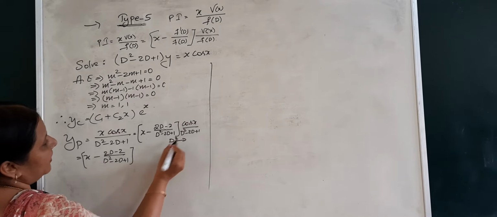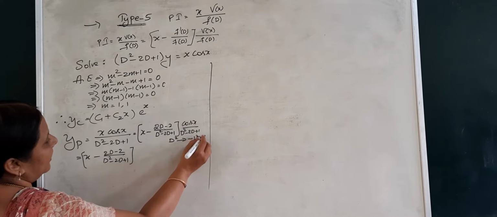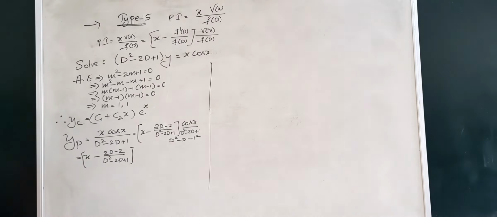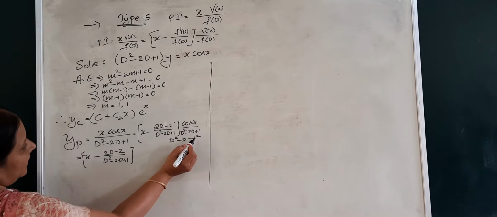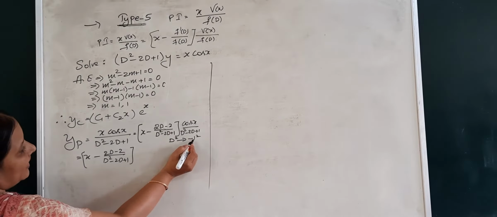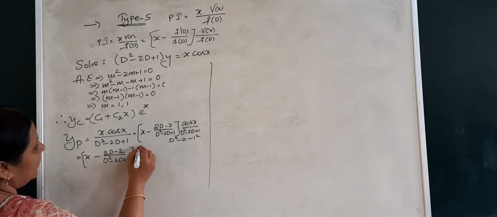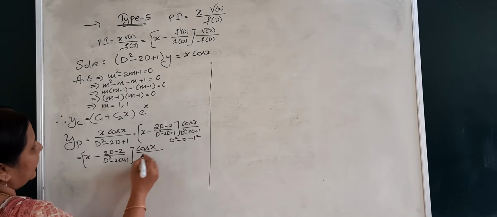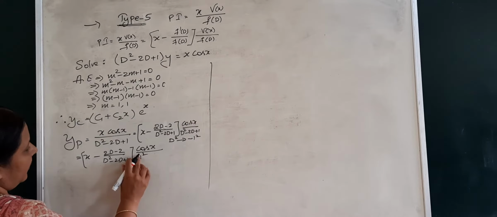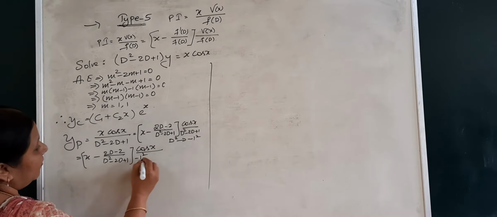So D² is replaced by −a², and here a is the coefficient of x. Nothing is there, so it is assumed to be 1. So it is going to be −1². Replacing D² by −1², we get cos x divided by −1 − 2D + 1. Only D² is replaced by −1, but D will be as it is.